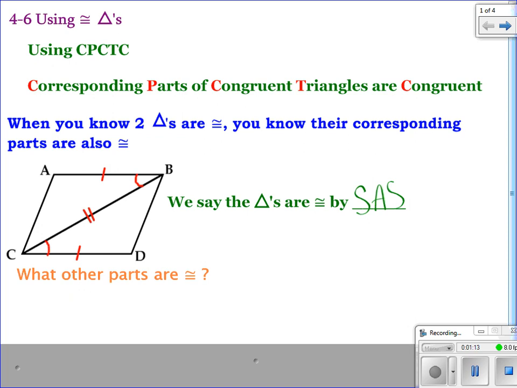Yep. What else? One last one. Yep. Why did we have to use 3 letters?